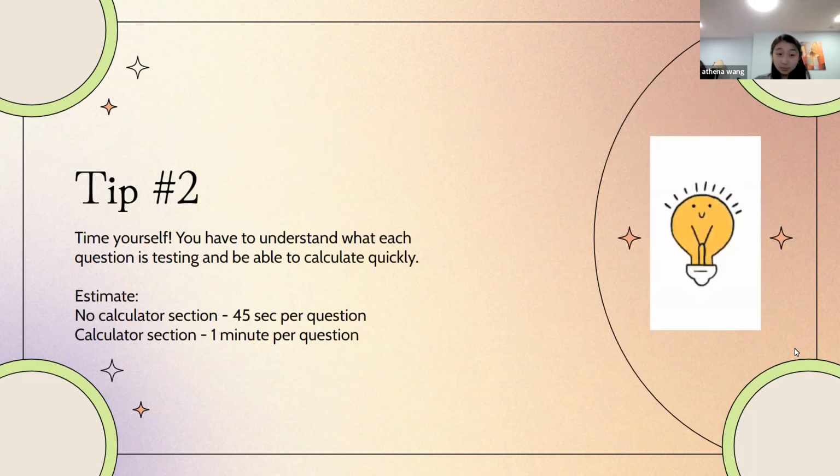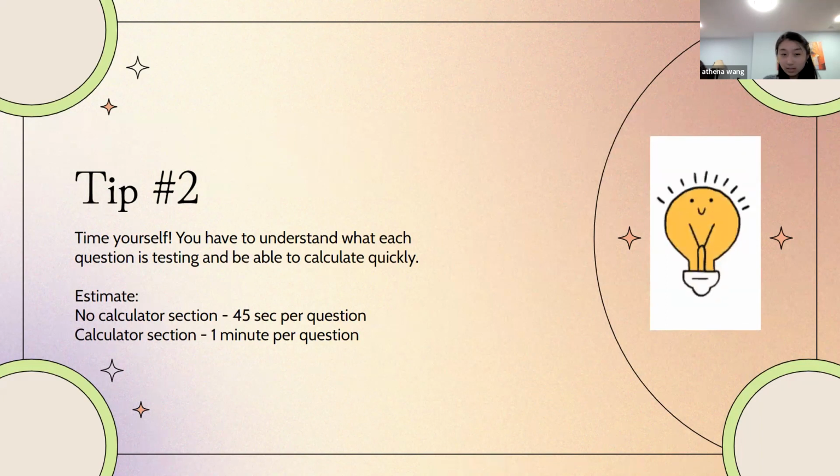Number 2, time yourself, because time is very important. It's kind of fast for the SAT. My estimate for the no calculator section, because it's shorter, is 45 seconds per question, and the calculator section is longer, so it's about 1 minute per question.